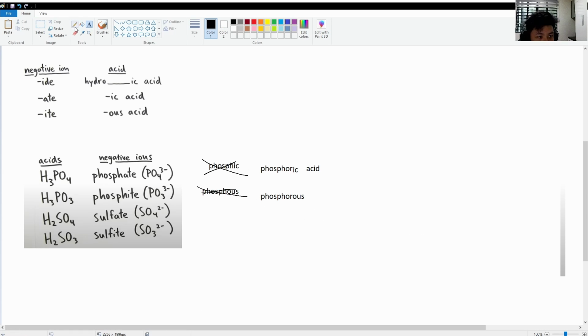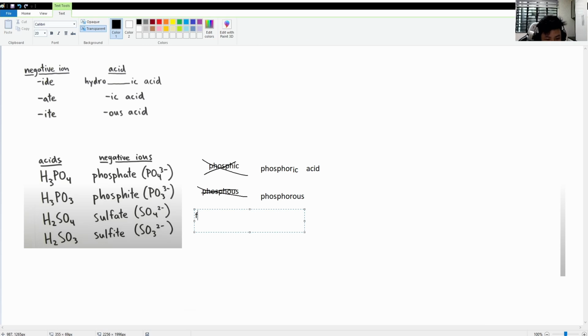For sulfate, you're just going to add UR to sulfur and then the ATE, which is IC, so sulfuric acid.